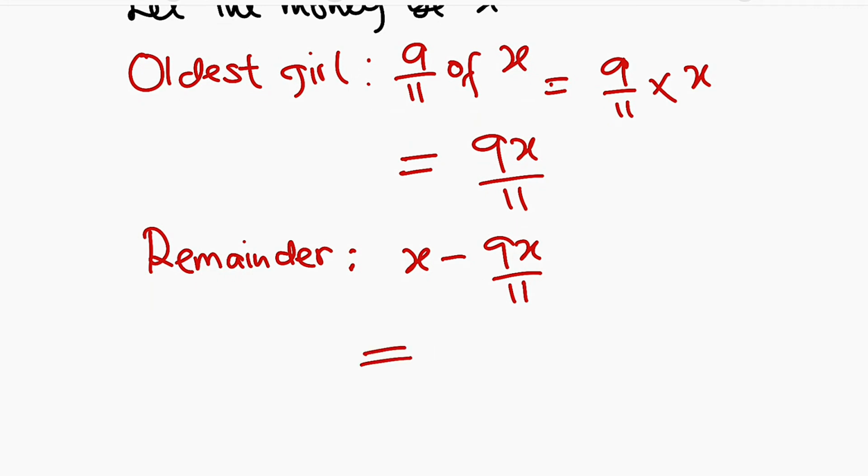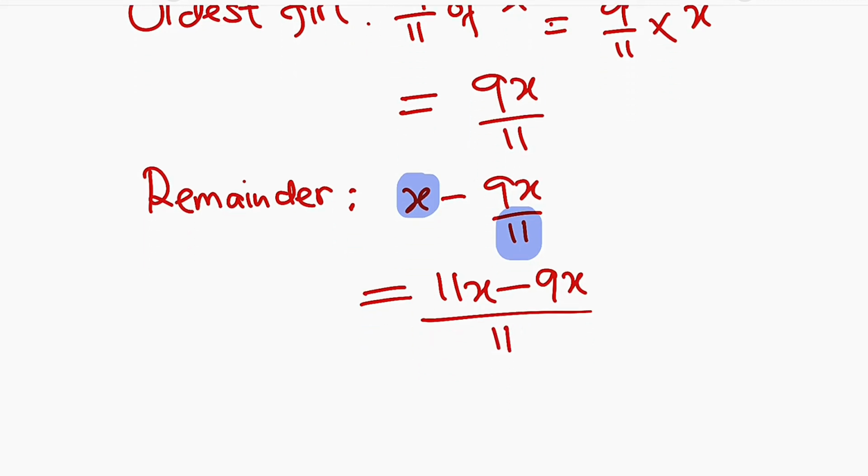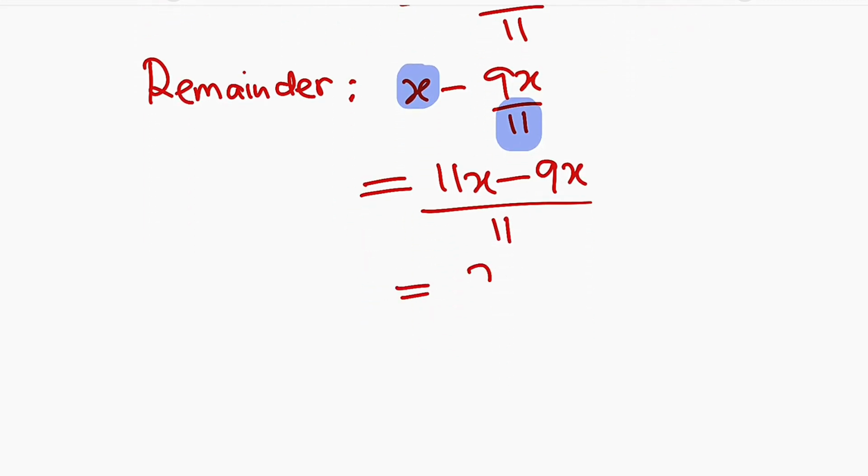This is equal to, we can take 11 multiplied by X. It will give us 11X. Subtract 9X. Divide by 11. And this is equal to 2X over 11. So this is the remainder.